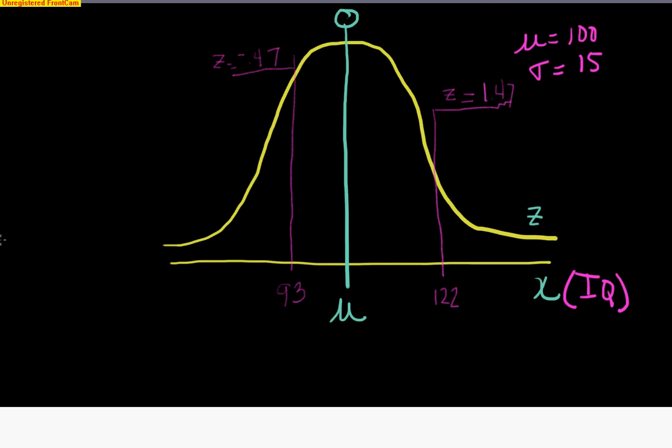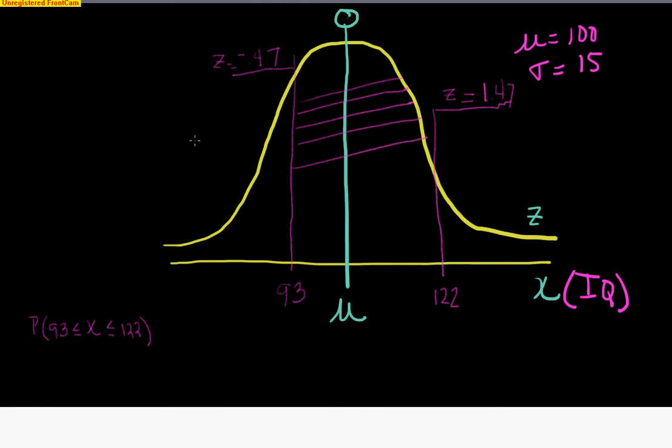But when you have something between like this, we want to find the probability that x is greater than or equal to 93, but less than or equal to 122. So what percentage of the population lies between these two values?